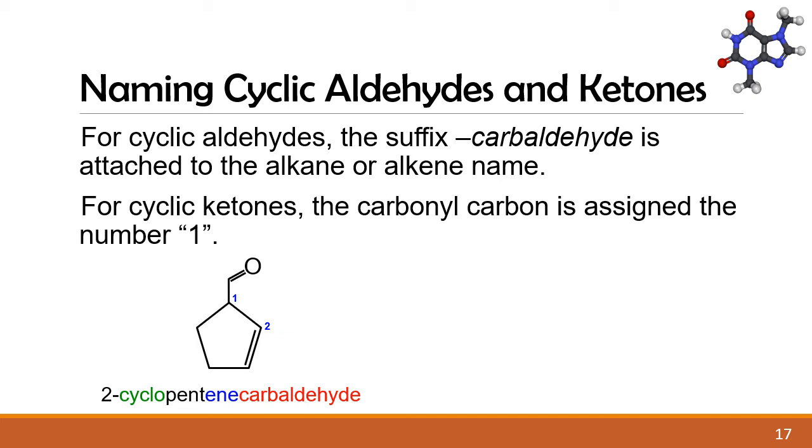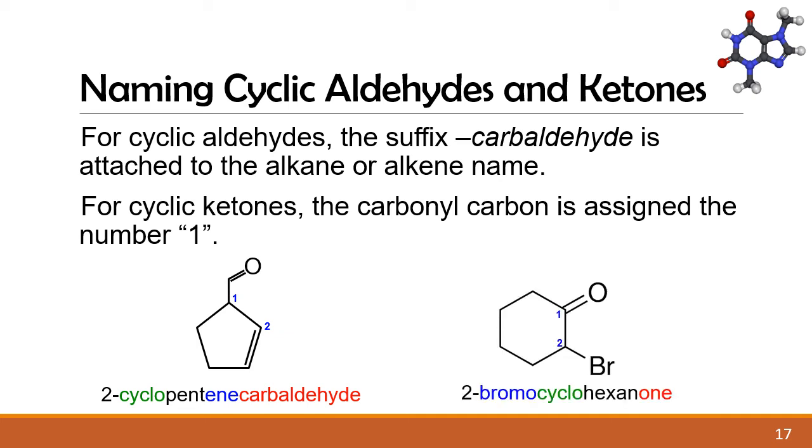The carbonyl group is assigned number 1 and the double bond is given the next lowest number, which is 2. So the name of this compound is 2-cyclopentene carbaldehyde.